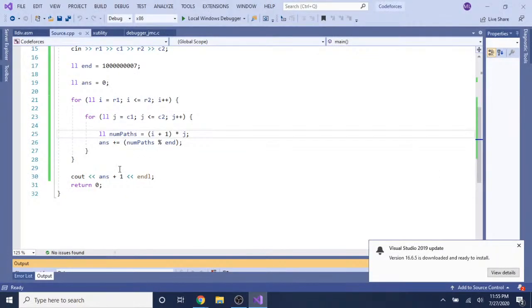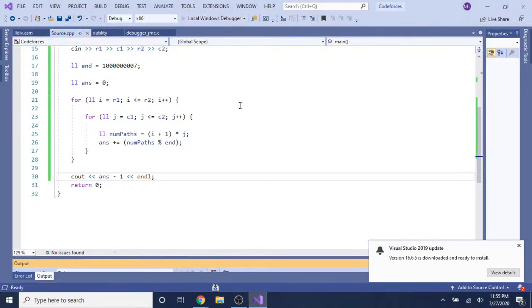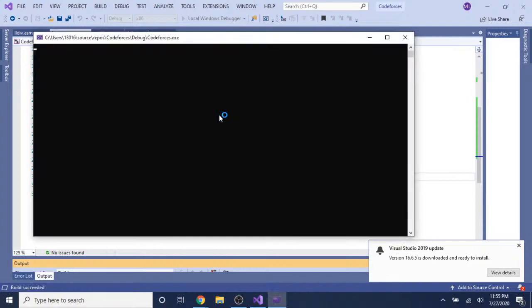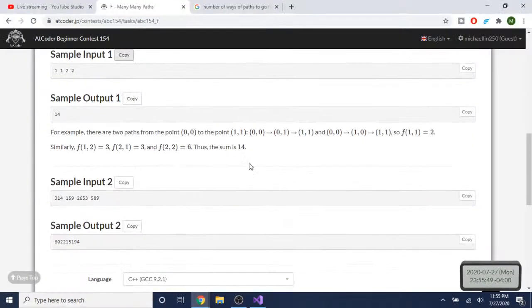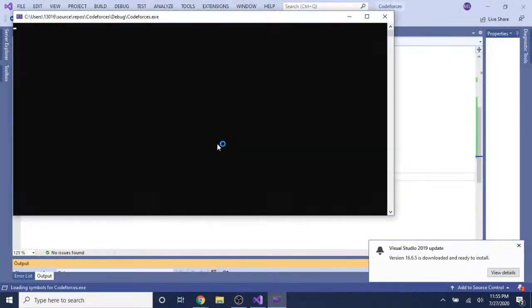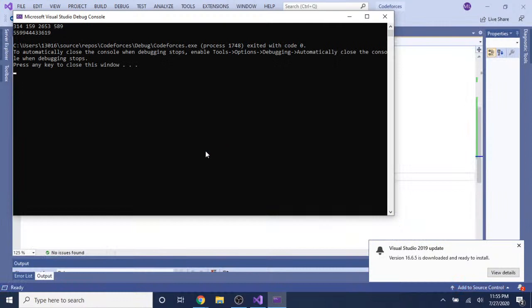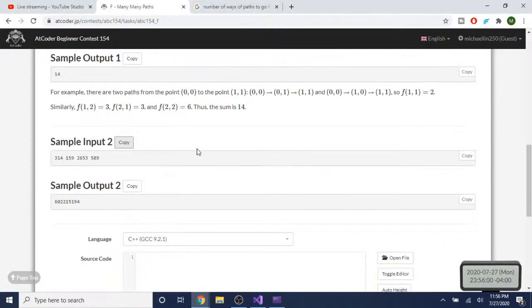Okay, hold up. And what if I subtract 1? I think that would make more sense. Okay, so that'll get us 14. Okay, let's try this one. I don't know why the answer is super duper large. Why is it super duper large? 5555944.